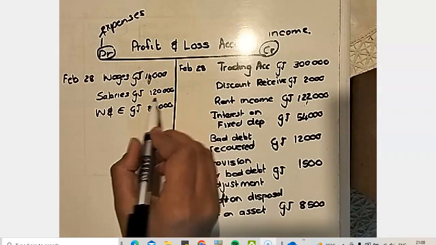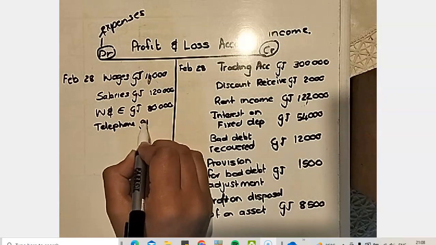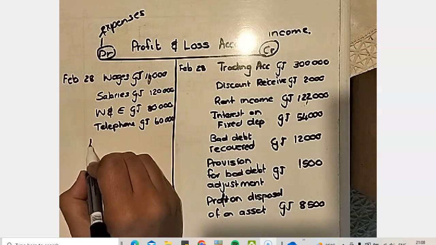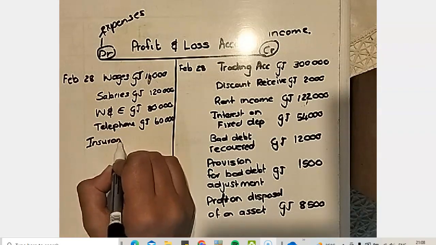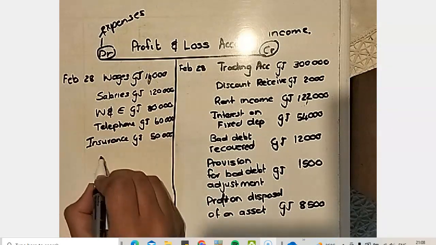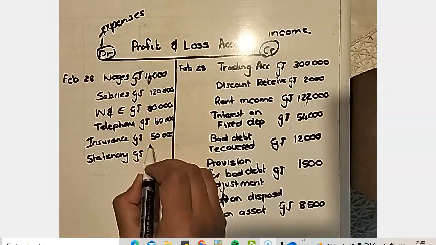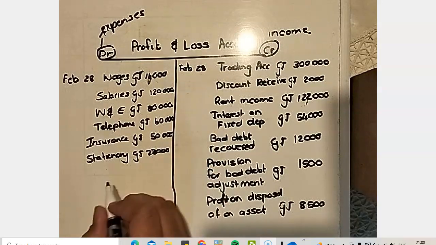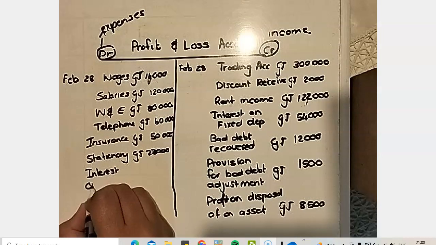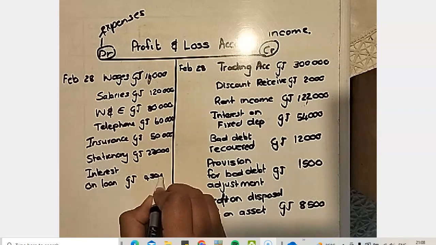This is just a few expenses that I'm listing. It is 60,000. Telephone, insurance, is 50,000. Then you've got stationery as 23,000. You've got interest on loan. Remember that is an expense. Also general journal as 45,000.